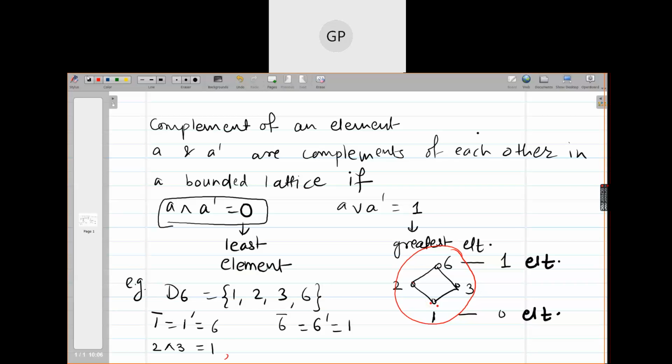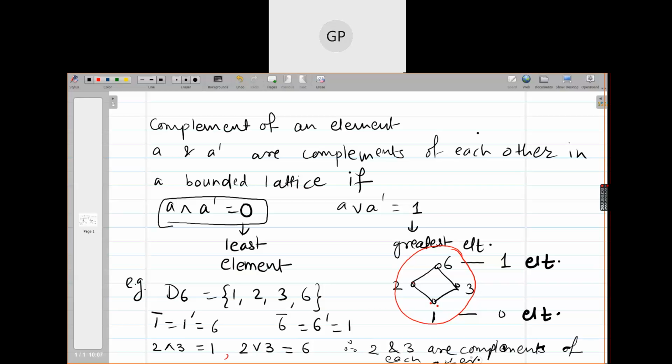And what about 2 join 3? It is 6. And what is 6? 6 is the 1 of D6, the greatest element. And therefore, you can say 2 and 3 are complements of each other. Do you understand it? Yes, ma'am.